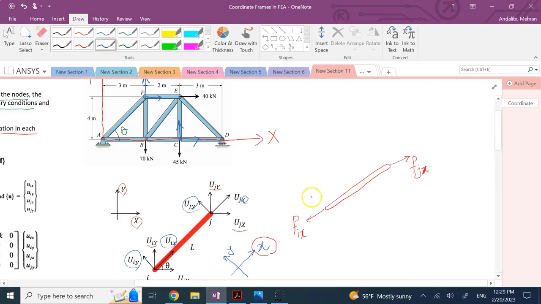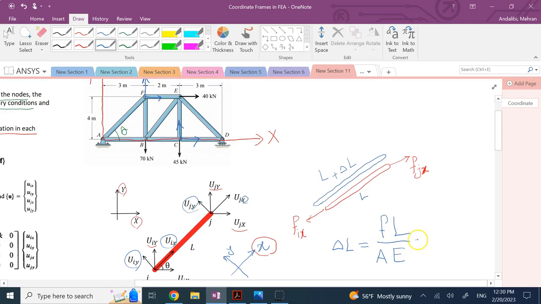And then this member will be elongated like this, and the difference is called delta L. So initial length is L, the final length is L plus delta L. And the relation between delta L and this force is what? That delta L, as you know per solid mechanics, is the magnitude of this force, whichever one, doesn't matter, times the length of the member divided by the cross section and multiplied by the Young modulus.